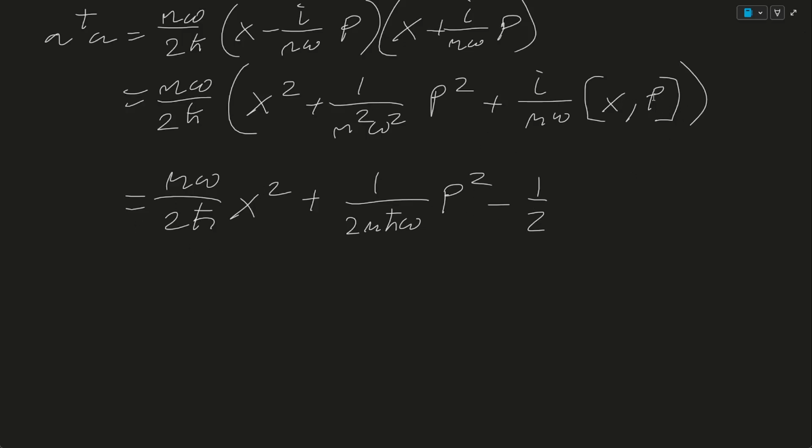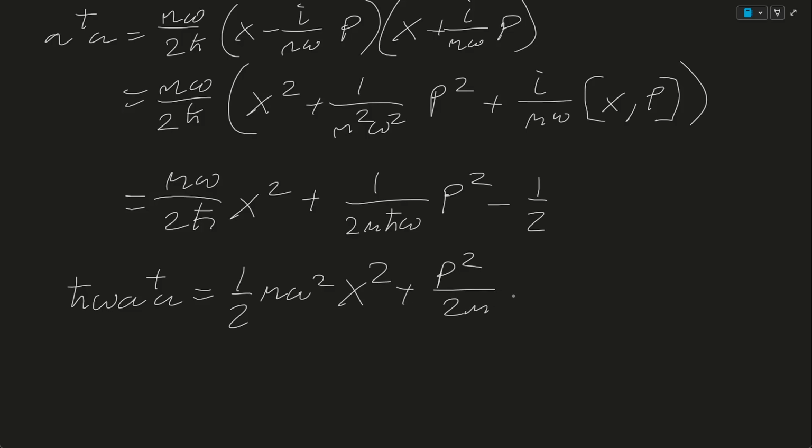That's just by subbing in the commutator, and then the minus 1, and then omega over h bar. We can pull it out, right? And now we can multiply everything by h bar omega. So we have h bar omega A dagger A is equal to half m omega squared x squared plus p squared over 2m minus half h bar omega.